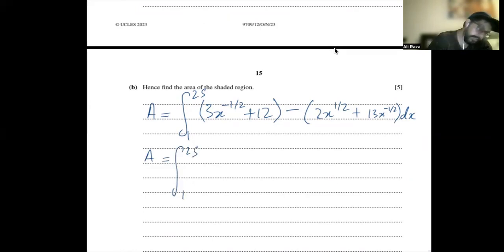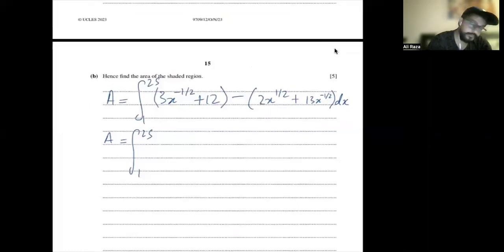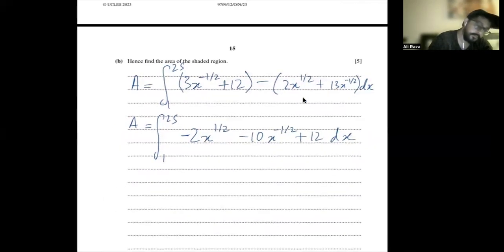We'll simplify this. We'll get 2x power 1 over 2 minus 2x power 1 over 2. And 3 minus 13 will give us minus 10x power minus 1 over 2 and plus 12 dx. Now we'll integrate the three terms over here.